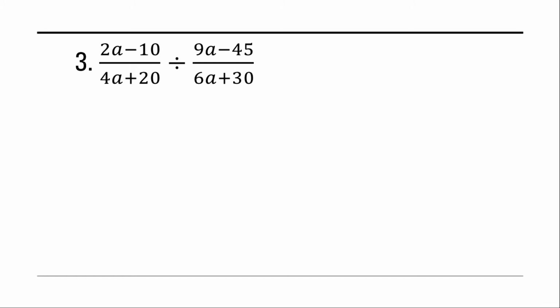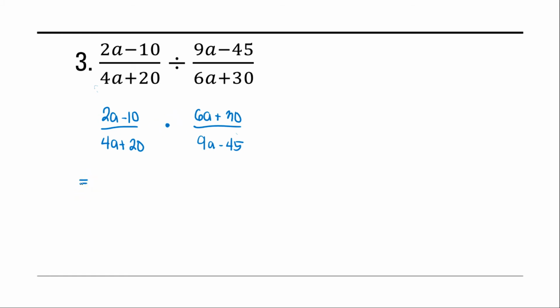Number 3, we have 2a minus 10 over 4a plus 20 divided by 9a minus 45 over 6a plus 30. So keep the first fraction, we have 2a minus 10 over 4a plus 20. Flip the second fraction, we have 6a plus 30 over 9a minus 45, and change the operation from division to multiplication.